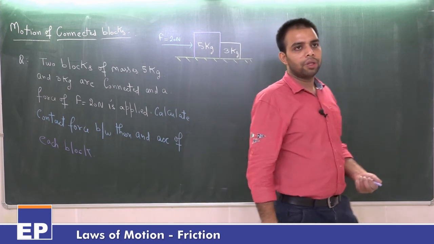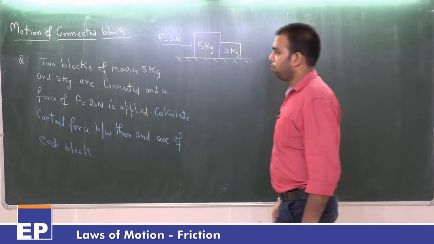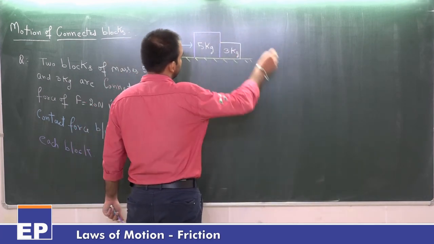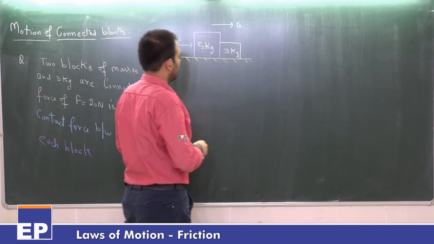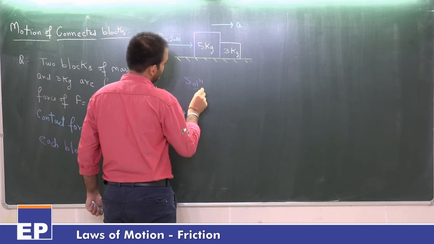So we have to calculate the contact force between them and the acceleration of both blocks. Now we know that when the force is applied, both blocks will start moving together with an acceleration, let's suppose A. So for the solution, you can make two free body diagrams.